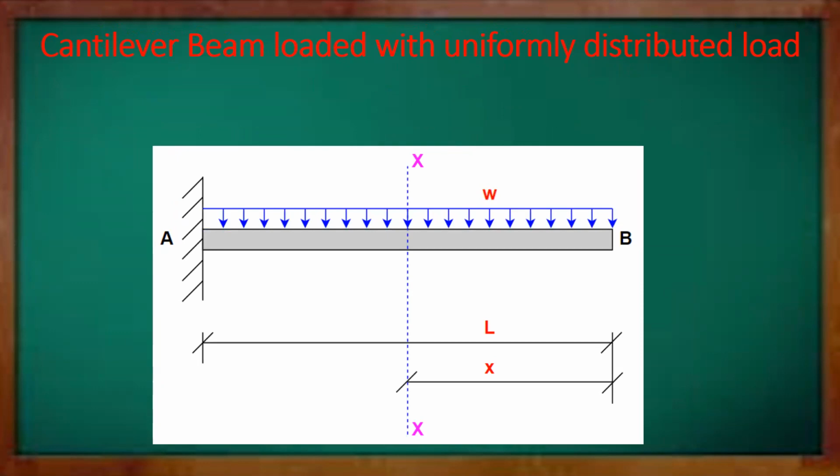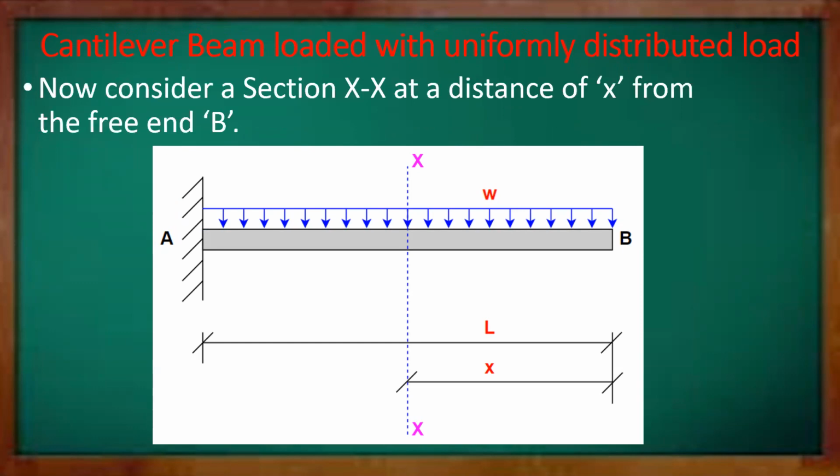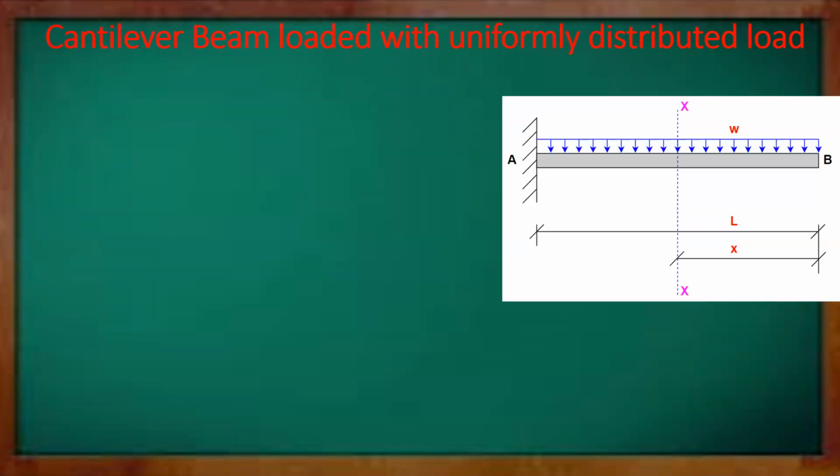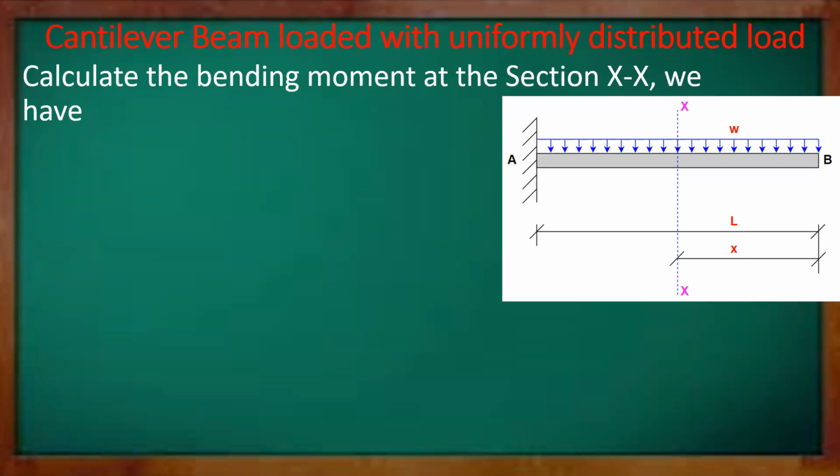To further continue, we take a section XX, which is located at a distance of small x from our free end B. Once you take the section, we are going to find out what is the actual bending moment available at the section. And we know the bending moment is given by force into distance.